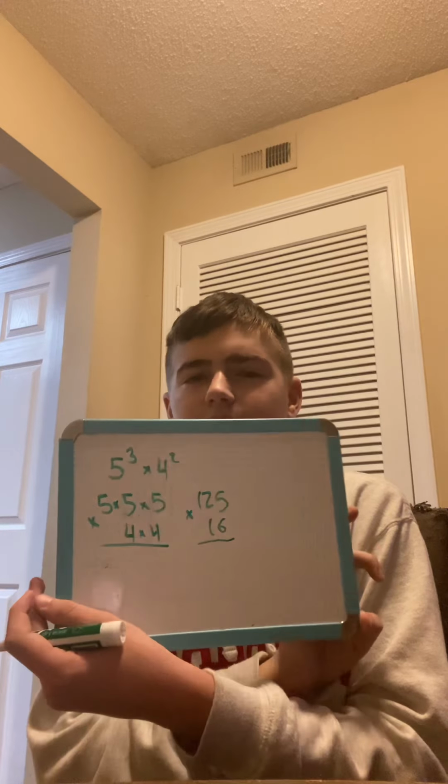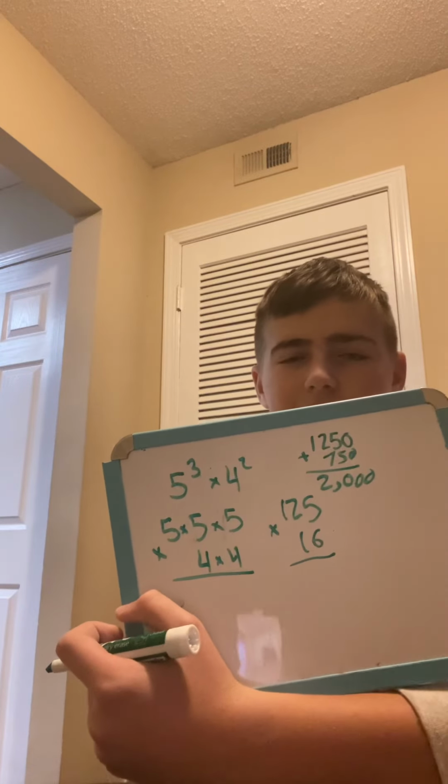So then we'll have 125 times 4 times 4. What is 4 times 4? 16. So then we're left with 125 times 16. Well, this is how I do it. I break it down into 125 times 10, which is 1,250, and then I think of 6 125s. Well, 125 times 2 is 250.